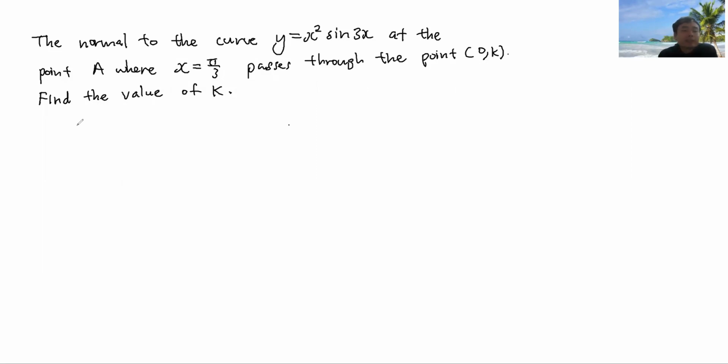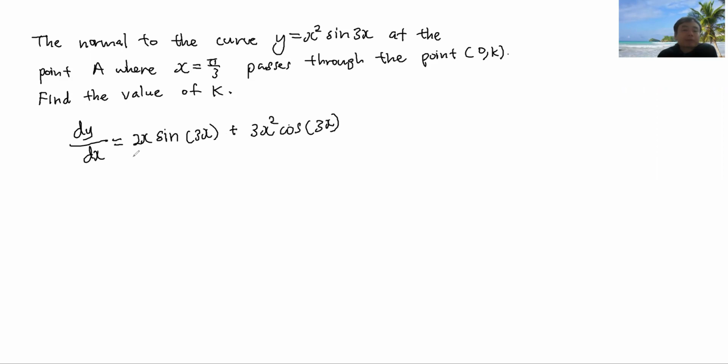Okay, so let's do dy/dx first. You have to use the product rule. So dy/dx equals 2x times sine 3x, plus 3x squared cosine 3x.